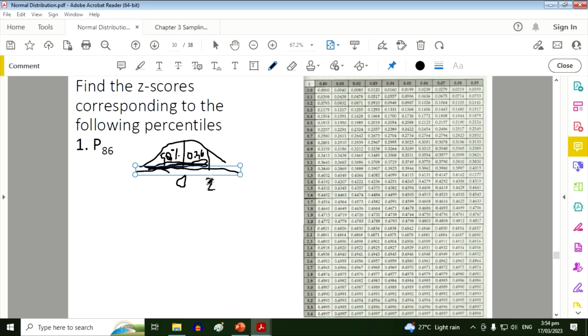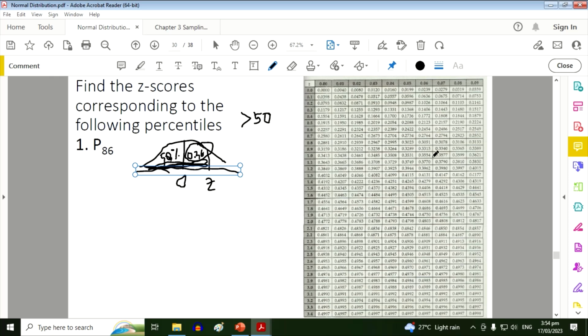So we're asked to find the corresponding z-score. In this case, if our percentile is greater than 50, we will focus our attention on the excess. The excess here is 0.36. Since this is an area, we will start here at the center, in the table. Let's look at 0.36.